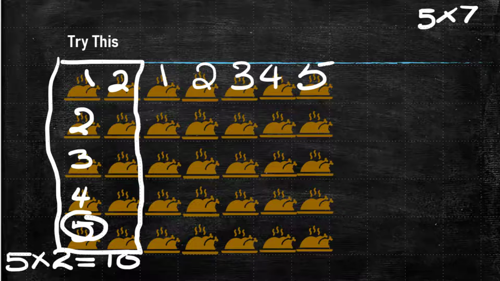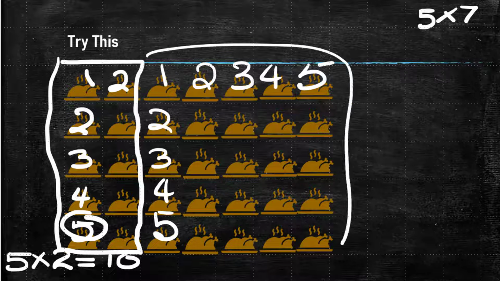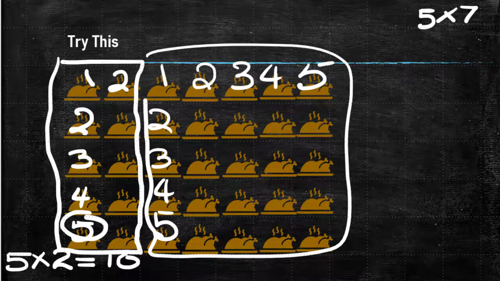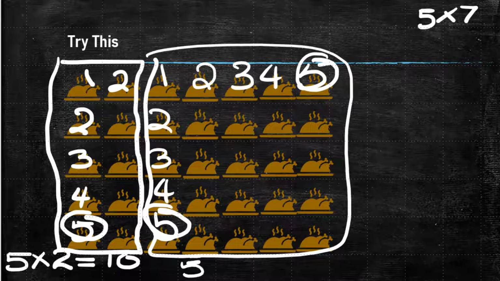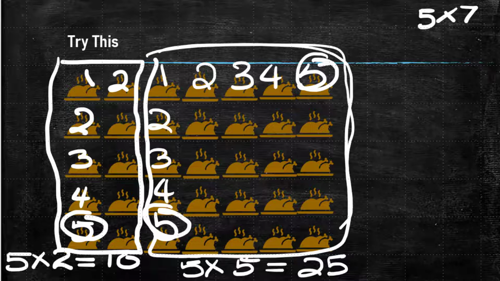Remember, I still have 5 rows. So this side of the array is now factors 5 and 5. So that's 5 times 5 equals 25. If you count every single one of these turkeys in this part of the array on the right side, you will get a total of 25.